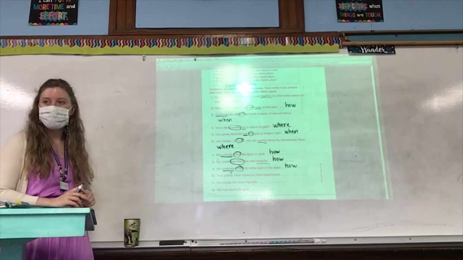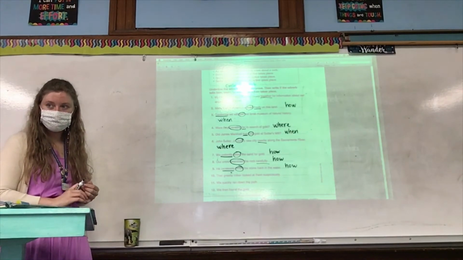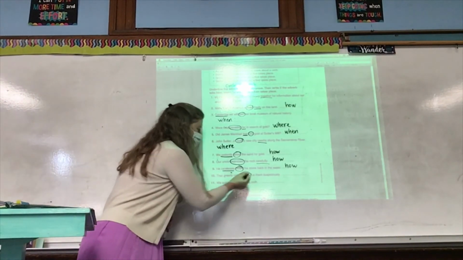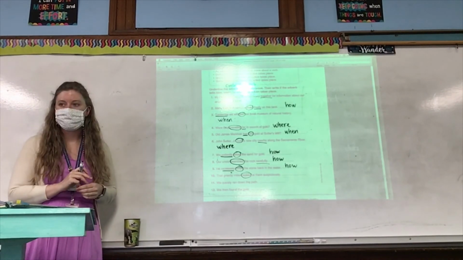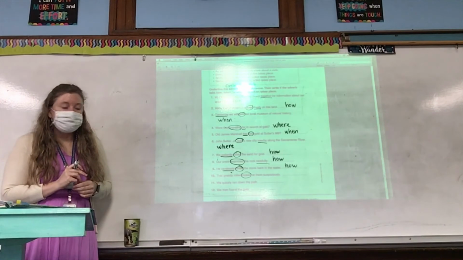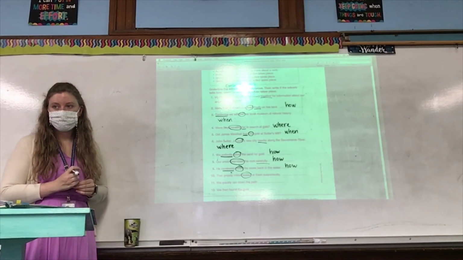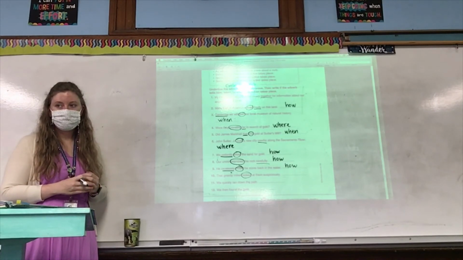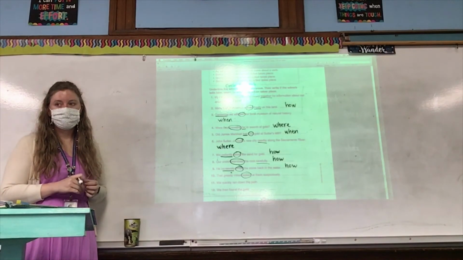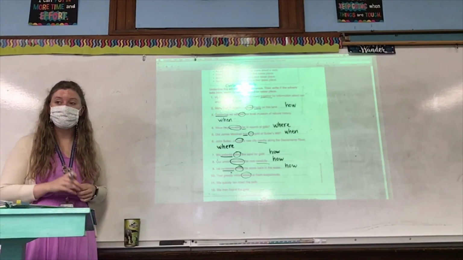Cullen, what's the verb? Looked. Which word describes how, when, or where the greedy miner looked? Now, we're not describing the miner. We're describing how he looked.